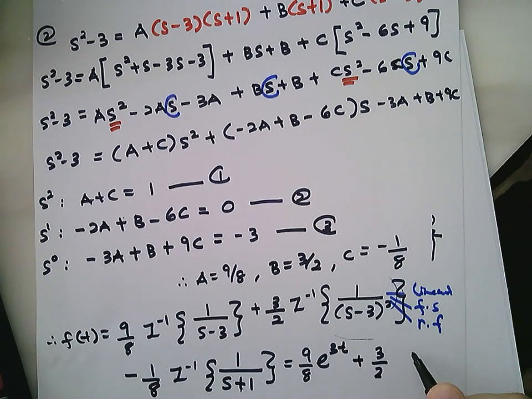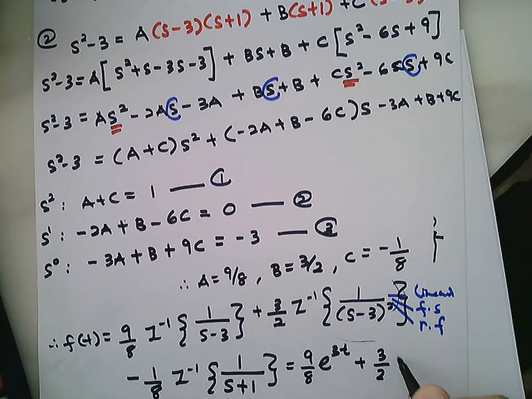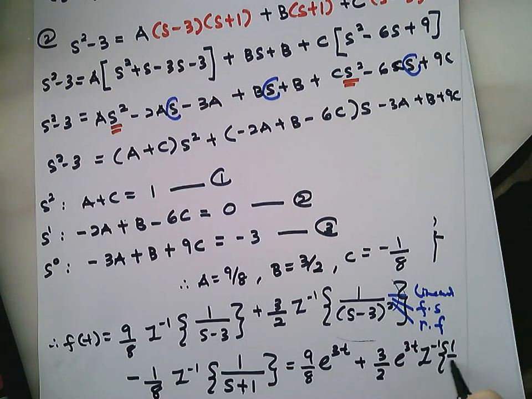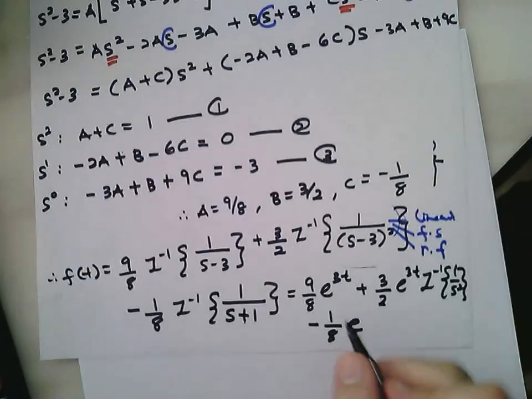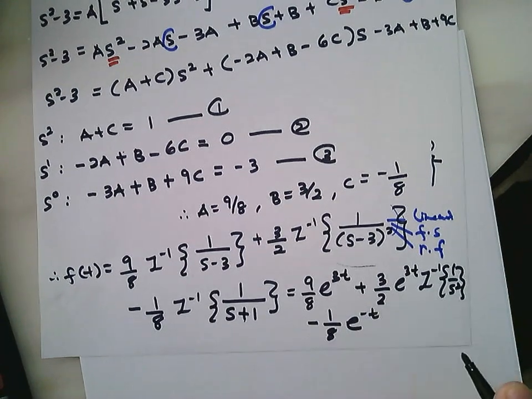If I do it step by step, you will have e to the 3t times the inverse of 1 over s squared. Minus 1 over 8 e to the negative t.